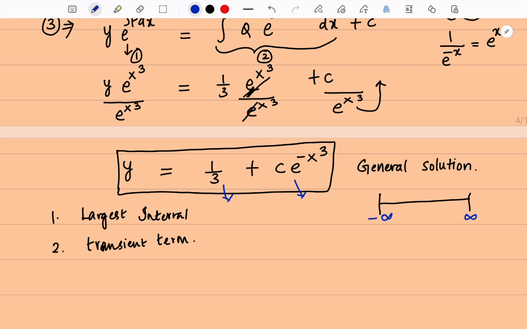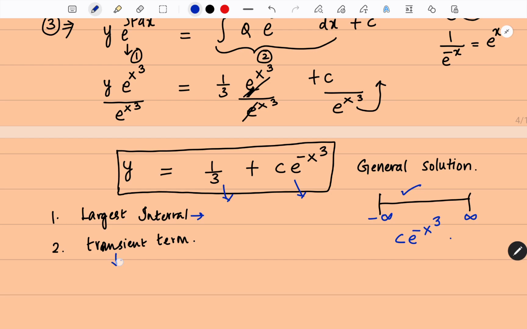So the remaining thing is what? You have c e power minus x cube, that is, x to the power of 3. What did I say? The definition of the transient term and the largest interval. The largest interval you need to pick up from the interval values.